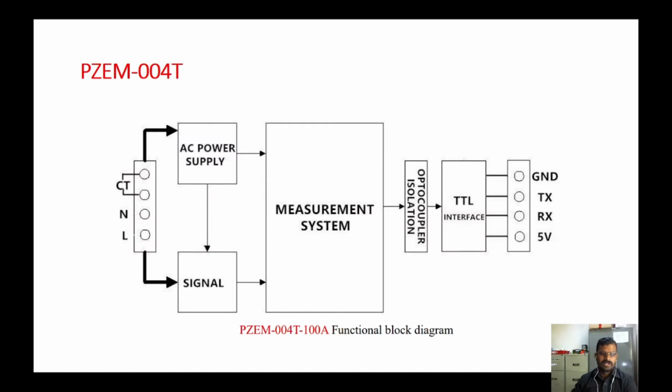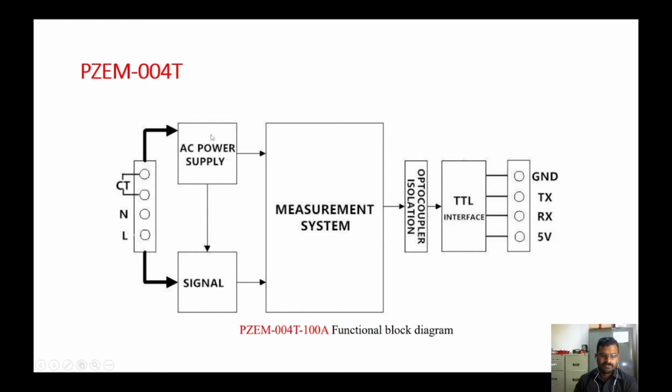So this is the block diagram of this sensor PZEM004T, where I have a measurement system and a communication port. This is our communication port, where I have transmitter and receiver pins and the supply, and on the other side I have the signal or the quantity which has to be measured.